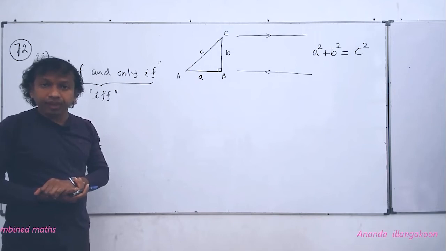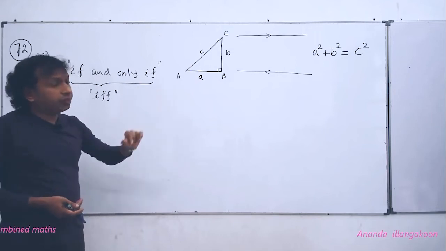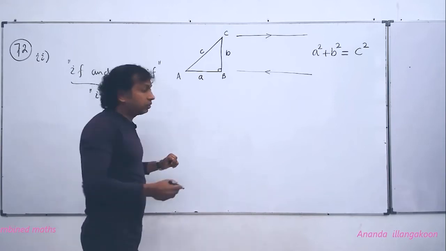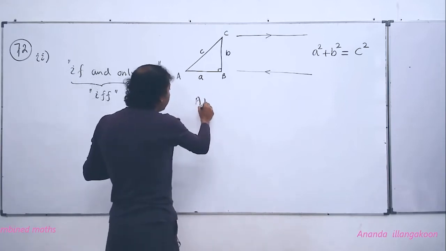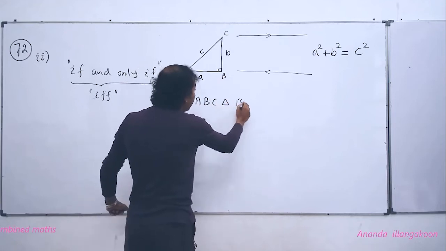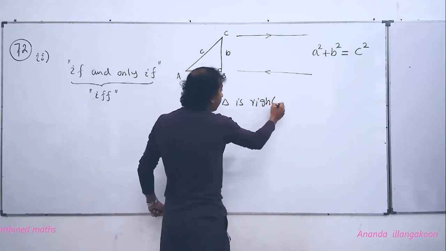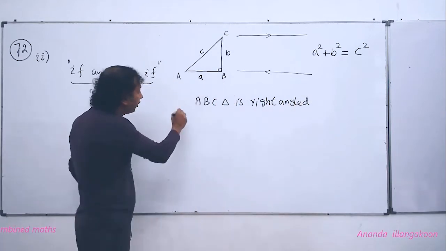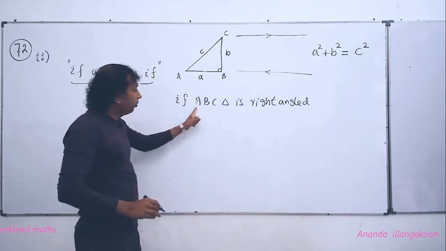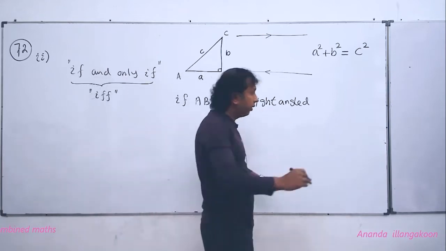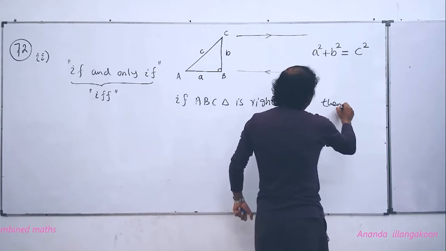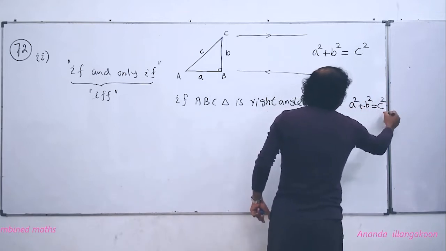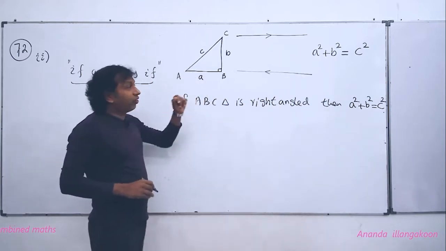If I write the forward result in words, you can write it this way: if triangle ABC is right angled, then a squared plus b squared equals c squared. That is the forward result.